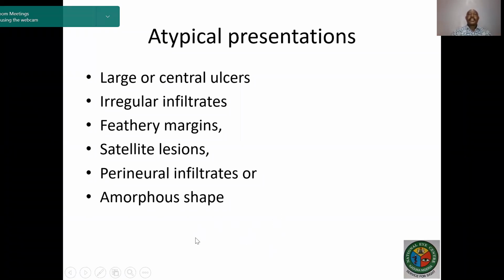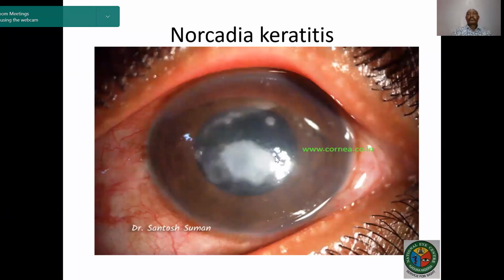Perineural infiltrates and amorphous shaped infiltrates are also very characteristic and could point to several other causative agents. This is a picture of a patient with Nocardia keratitis.